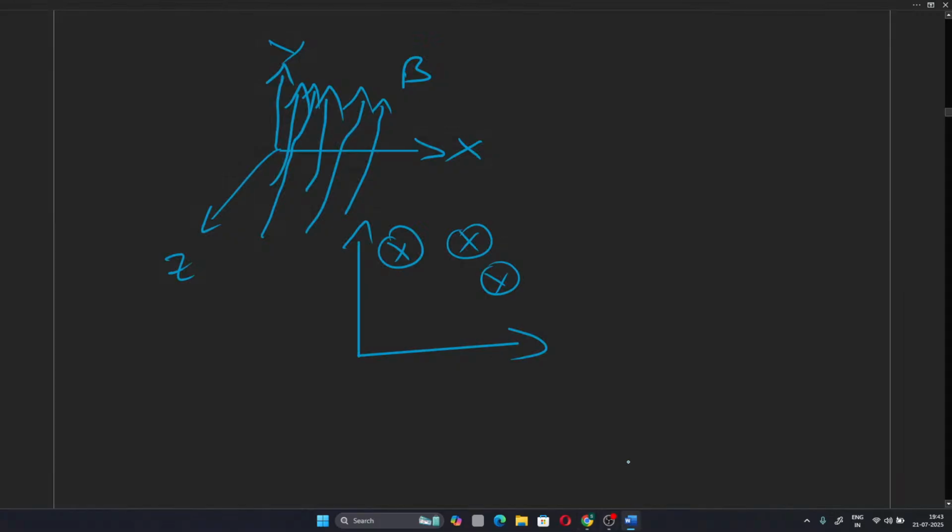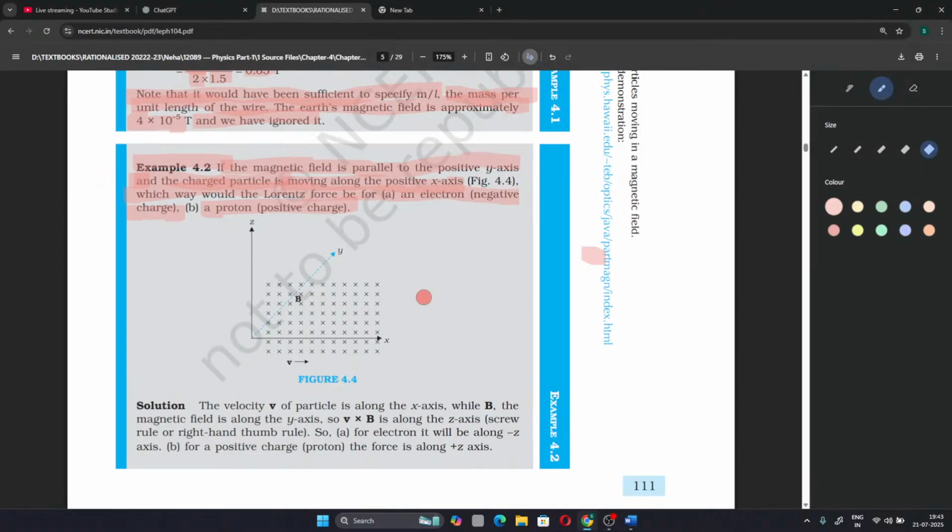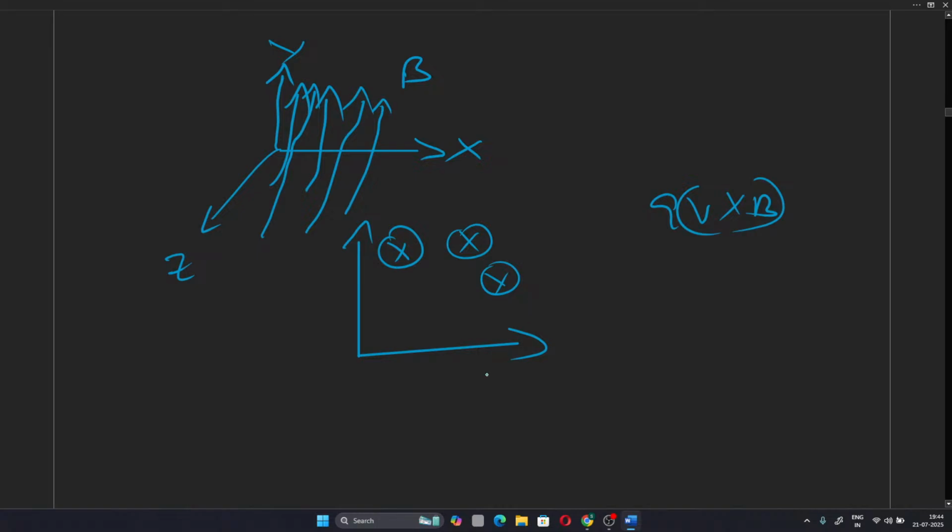So normally it is QVB, so it is from velocity to the direction of the magnetic field. The charged particle is moving along the x-axis here, x and z. The particle is moving in this direction.